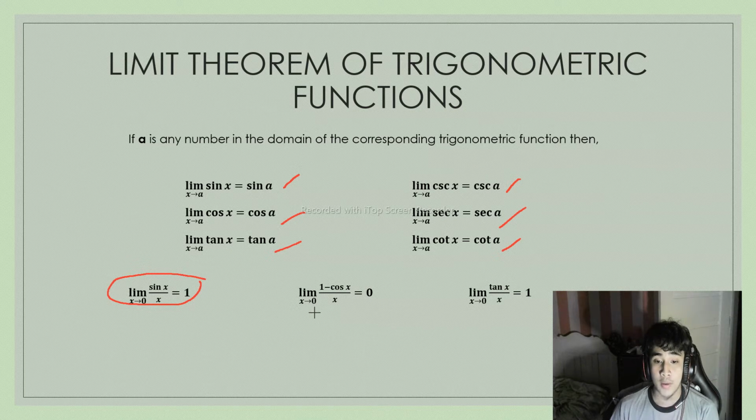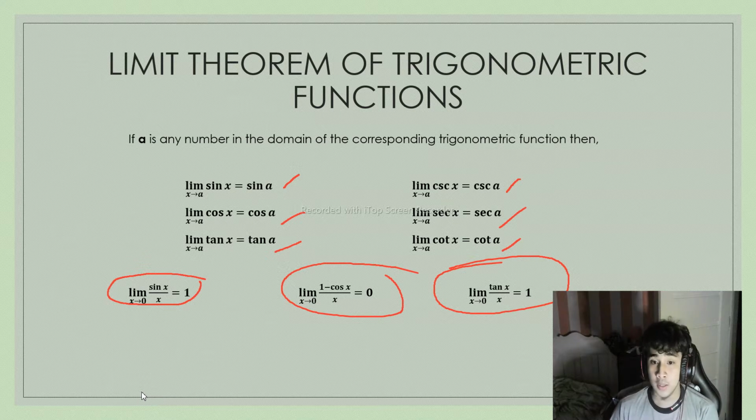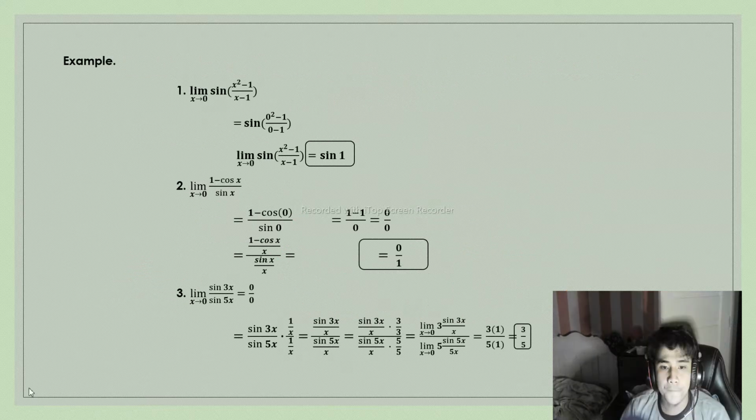Limit of 1 minus cosine x over x as x approaches 0 is equal to 0, and limit of tangent x over x as x approaches 0 is equal to 1. Kailangan nating i-memorize yan at matutulungan tayo yan in the future pag naka-encounter tayo ng mga limit theorem of trigonometric functions na problem.